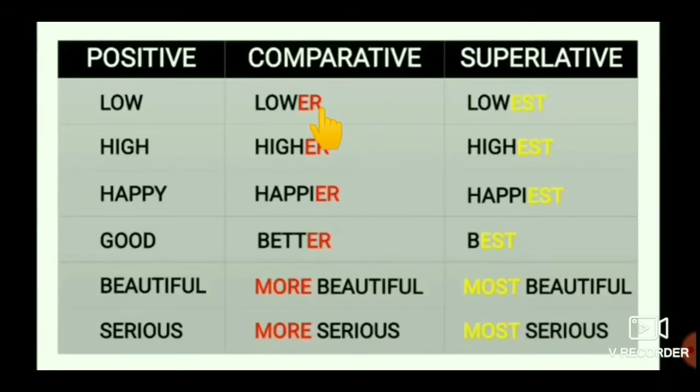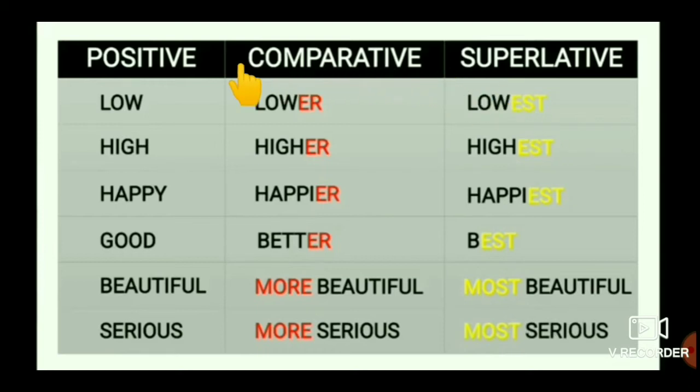Children, look at the table. Positive, comparative, superlative. Under the comparative, we compare two things. We use a comparative adjective, that means we add the letters ER to the adjective. Under the superlative, we compare more than two things. We use a superlative adjective, and for that adjective we add the letters EST.